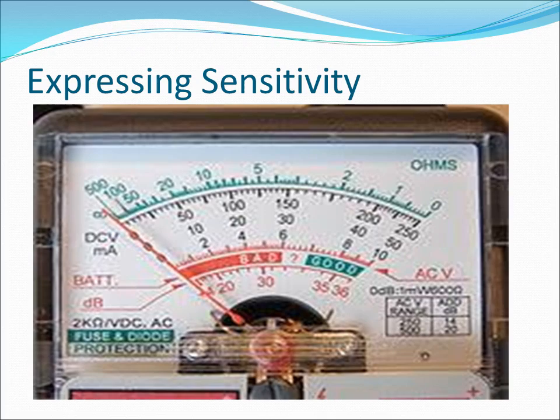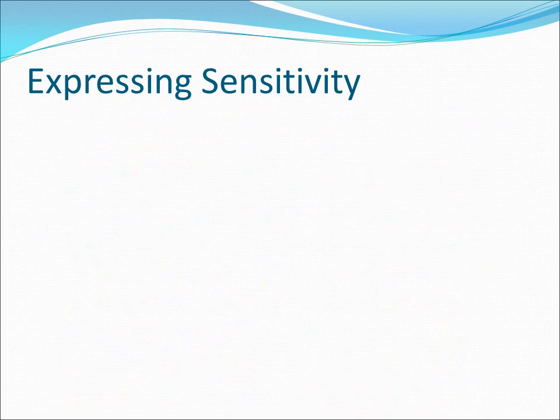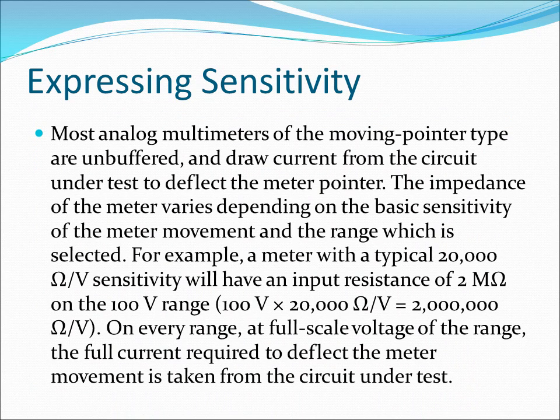Expressing sensitivity. Most analog multimeters of the moving pointer type are unbuffered and draw current from the circuit under test to deflect the meter pointer. The impedance of the meter varies depending on the basic sensitivity of the meter movement and the range which is selected.